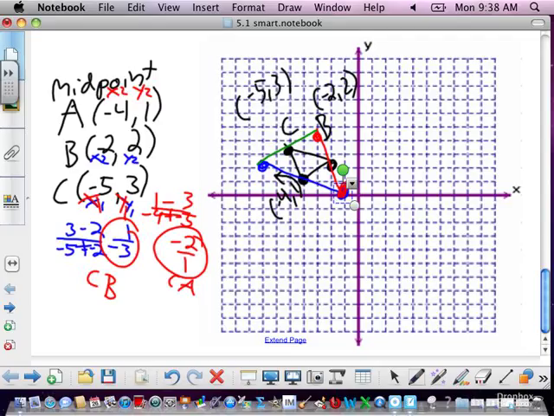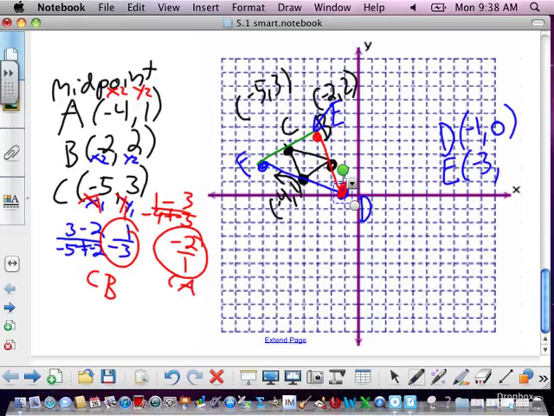We can label them D, E, F. Okay, so D is negative 1, 0. E is 1, 2, 3, negative 3.